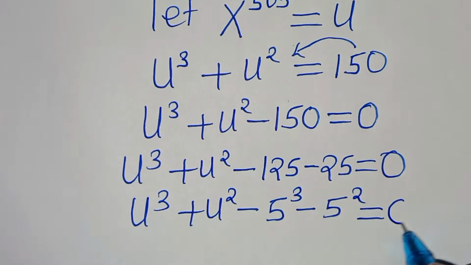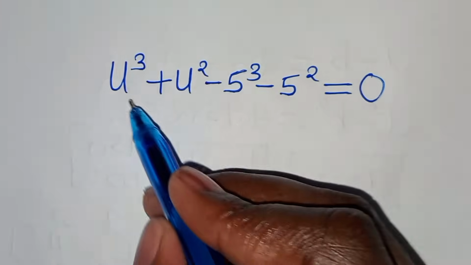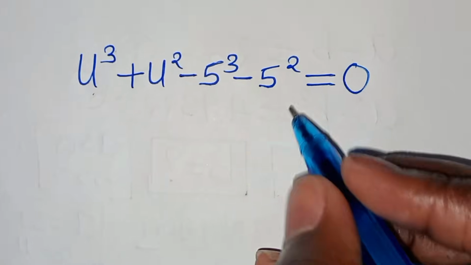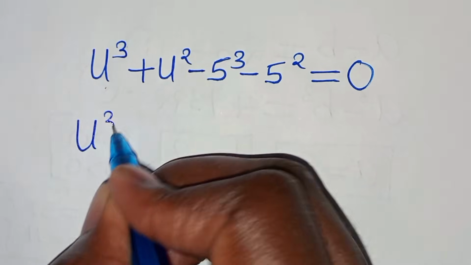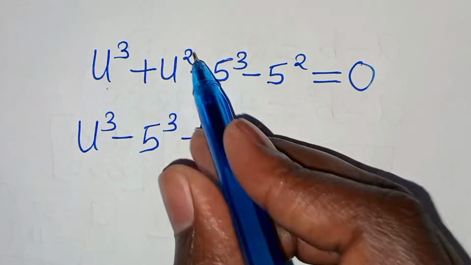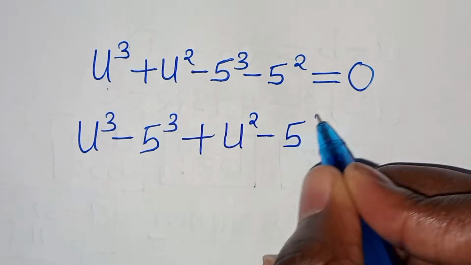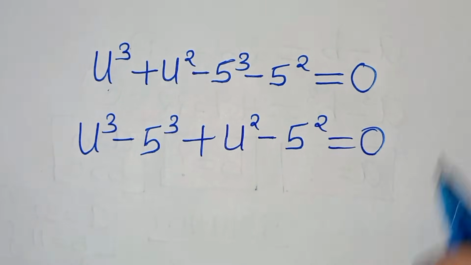This is equal to 0. Now we have u to the power of 3 and 5 to the power of 3 here. So this is u to the power of 3 minus 5 to the power of 3, then plus u to the power of 2 minus 5 to the power of 2. This is equal to 0.